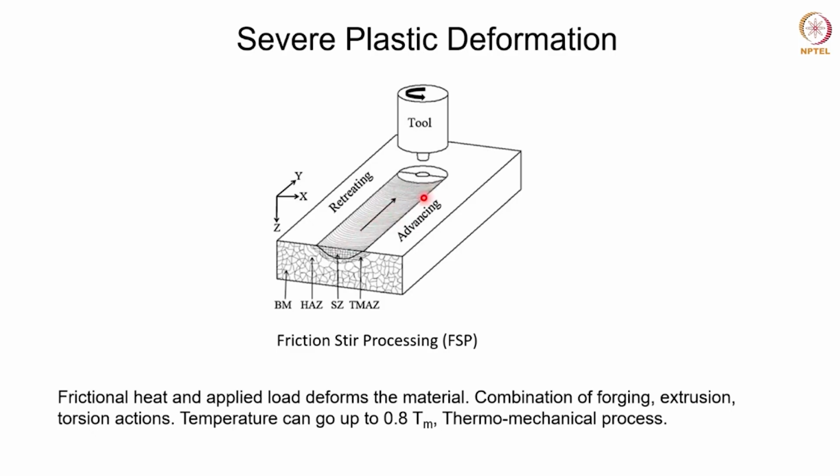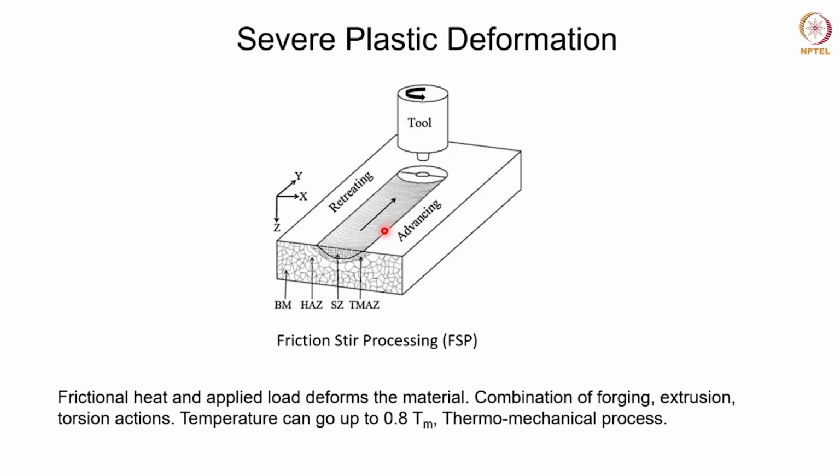So the material which is left behind the tool as it moves will be a processed material which has gone through severe plastic deformation and will have a finer grain size compared to the base material which is not subjected to any deformation at all.